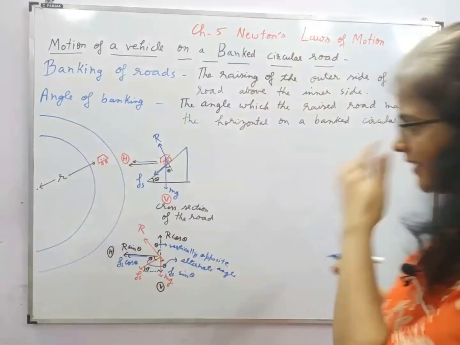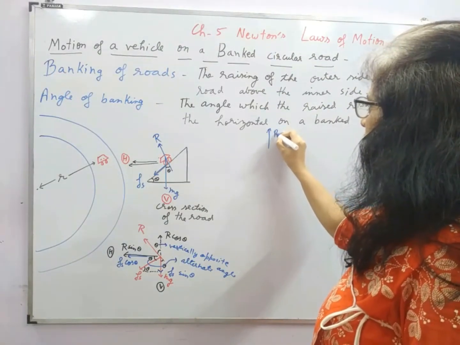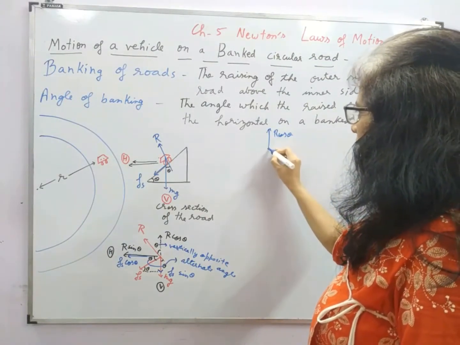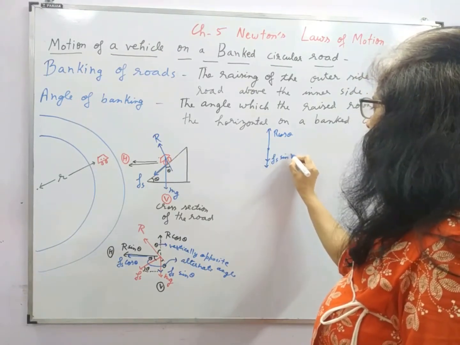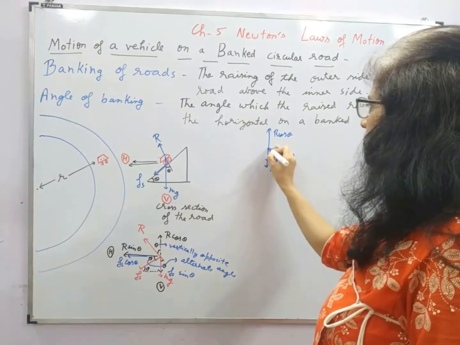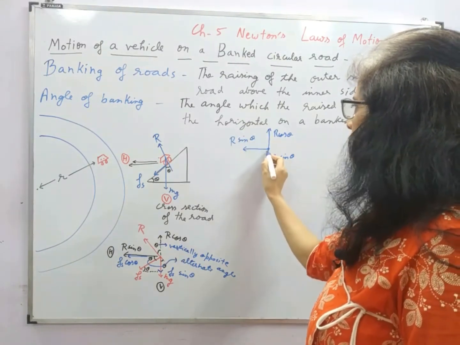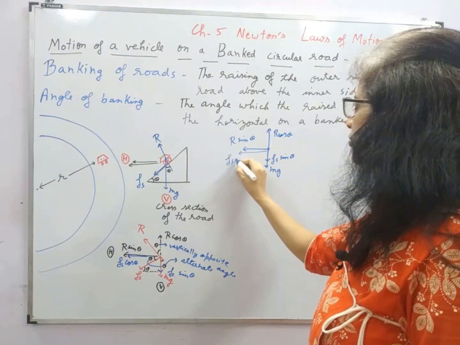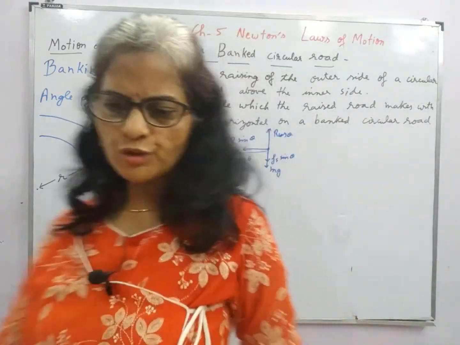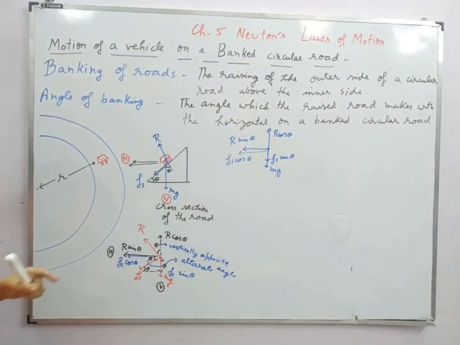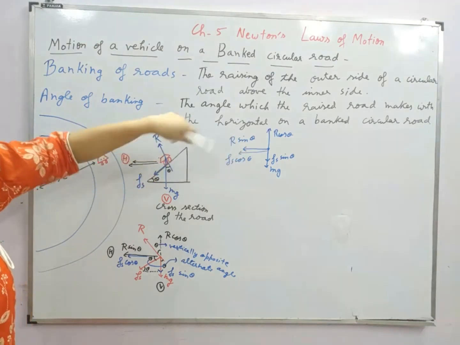So here again it is messed up, so I can draw another diagram where I can show that this is R cos theta and this is Fs sine theta, this is mg, this is R sine theta, and this is Fs cos theta. Now look at this. Which forces are holding the car towards the central line?